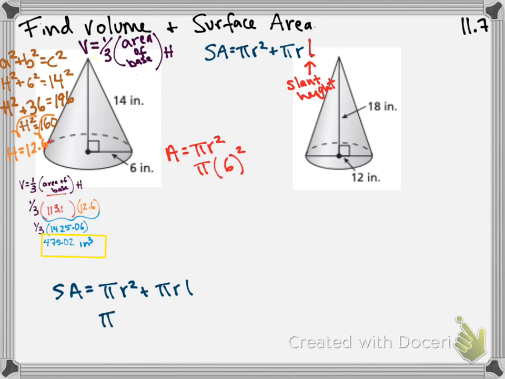So the radius is still 6. The slant height will be different than the actual height of the object. So you want to look for the slant height. Slant height is 14.